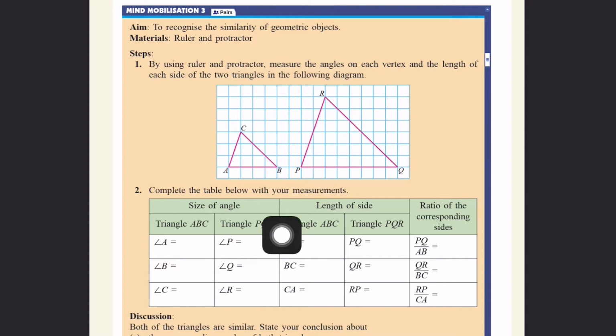First we need to measure the size of the angles.